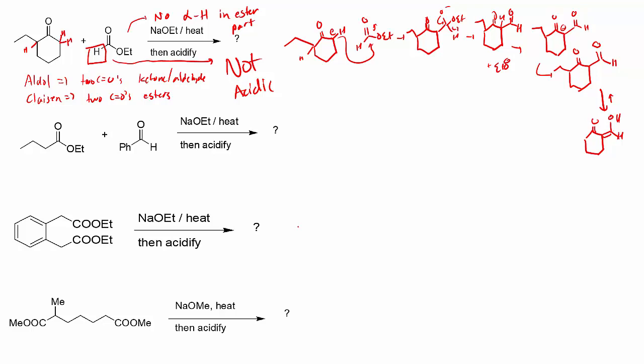Okay, the next one is a hybrid going the other way. The only acidic protons are in the ester. This is going to be a little bit harder because an ester isn't quite as acidic as a ketone, but nonetheless the same things apply. We're going to make a connection between here and here.